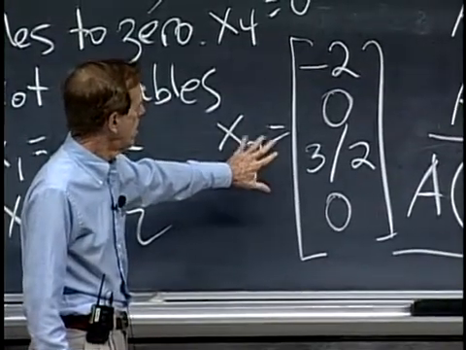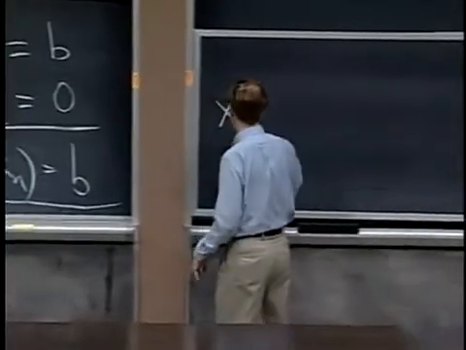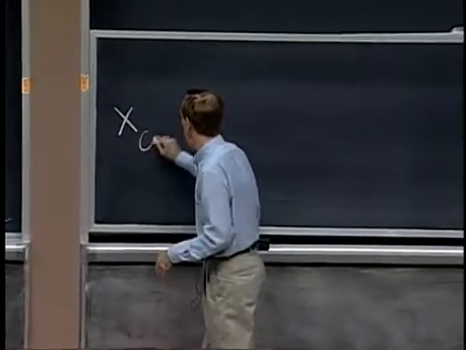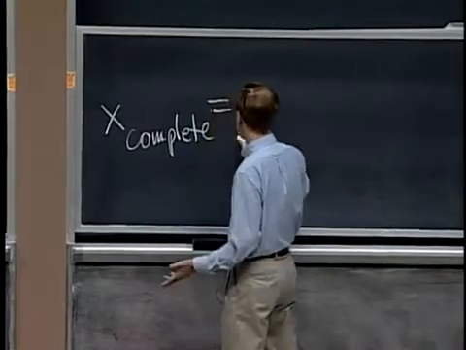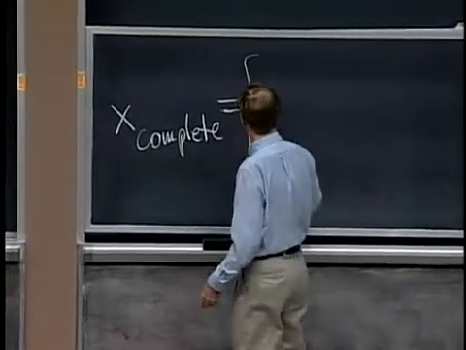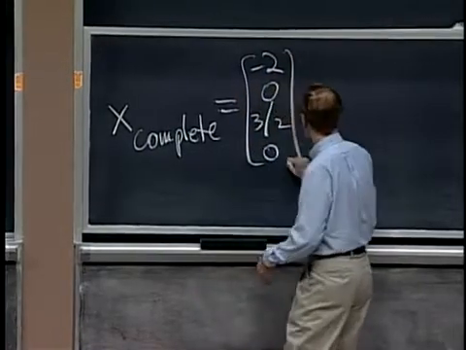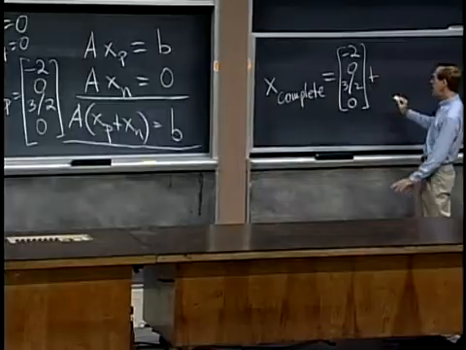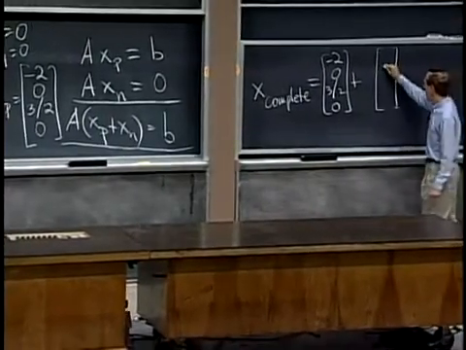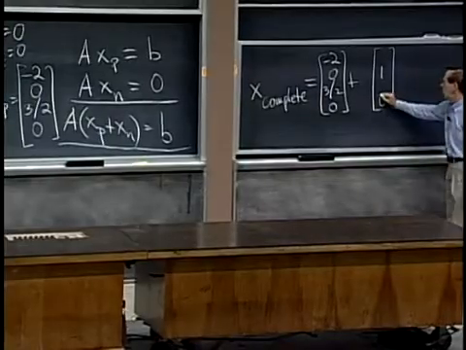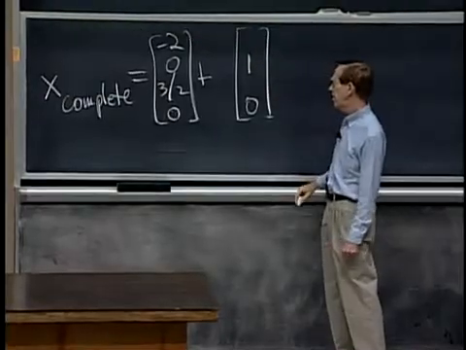Now let me write out what that will be for this example. In this example, x complete, the complete solution, is x particular, which is minus 2, 0, 3/2, 0, with those zeros in the free variables, plus the special solutions in the null space that had a 1 and 0 in the free variables, and then we filled in to find the others.